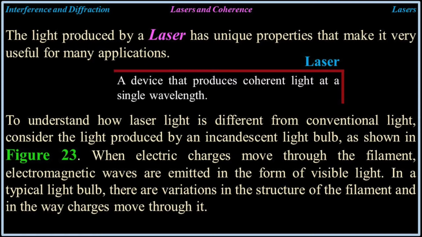To understand how laser light is different from conventional light, consider the light produced by an incandescent light bulb, as shown in figure 23. When electric charges move through the filament, electromagnetic rays are emitted in the form of visible light. In a typical light bulb, there are variations in the structure of the filament and in the way charges move through it.